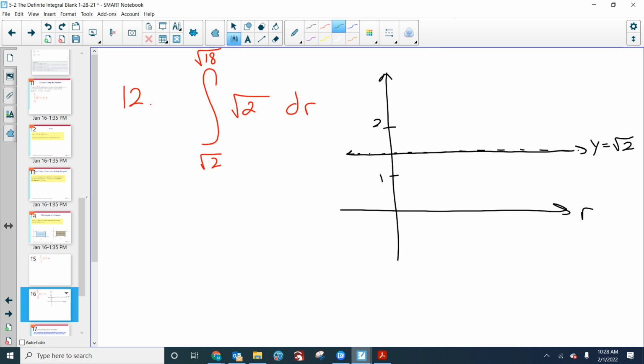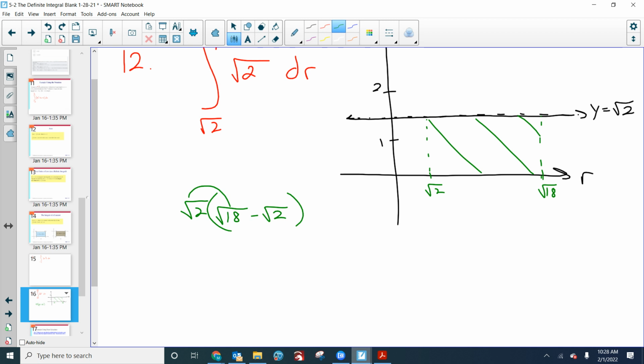Now, where am I calculating the area from and to? From radical 2 to radical 18. Do you guys see the rectangle formed? Base, radical 18 minus radical 2, times the height, radical 2.